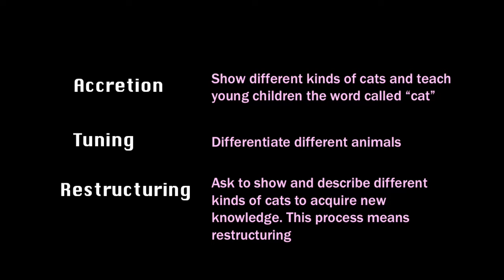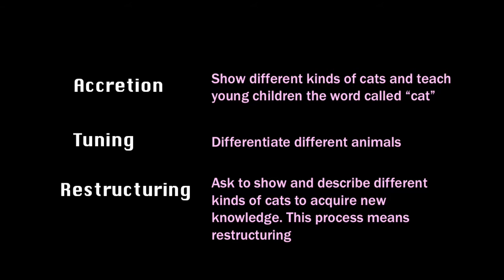It will make students know that not all animals are cats, and slowly help them to modify their schema of cats. This process is called turning, which means developing new knowledge and making it more accurate and specific.